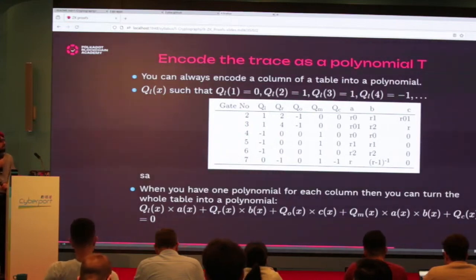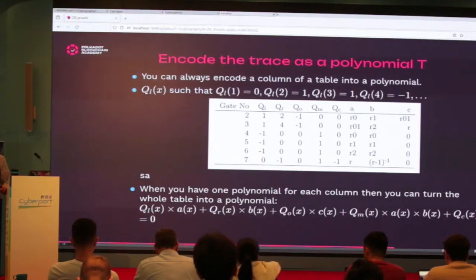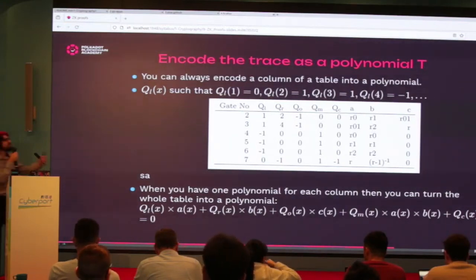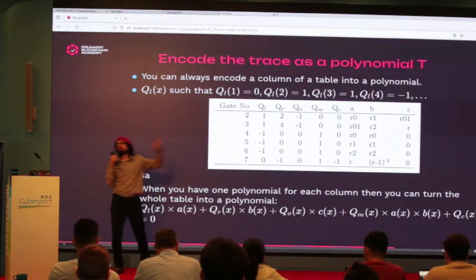But we don't know the equation of QL for us to get the value 0 at first. It does. That is the magic of interpolation. It gives me a polynomial.